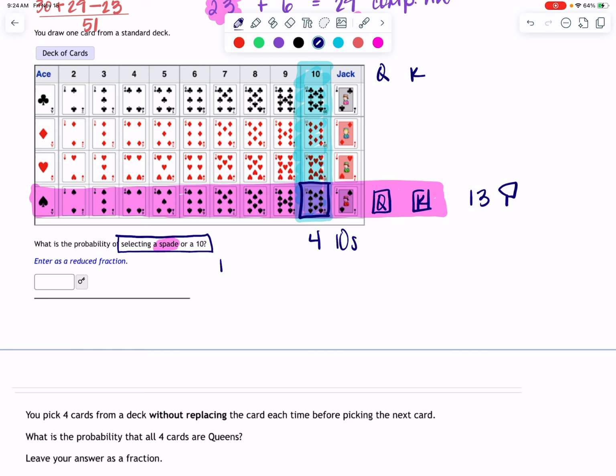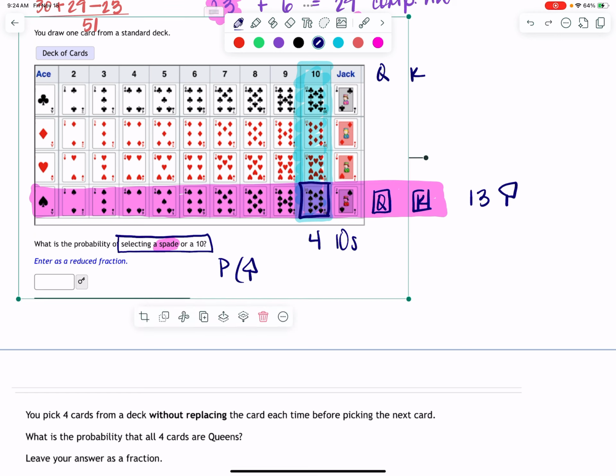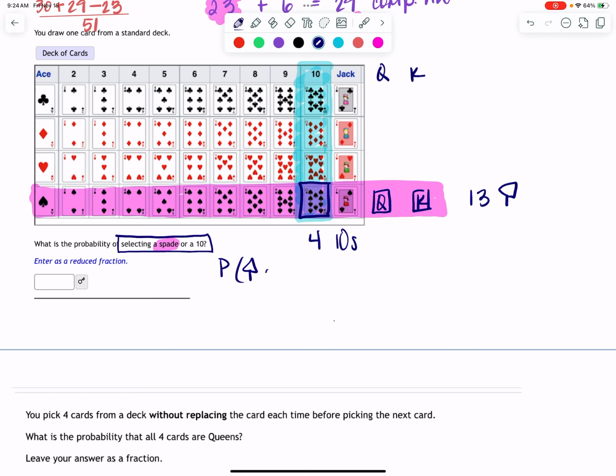So the probability of a non-crooked spade, it's still crooked, is the total spades plus the total 10s minus the number of cards that gets double counted, out of 52 total.